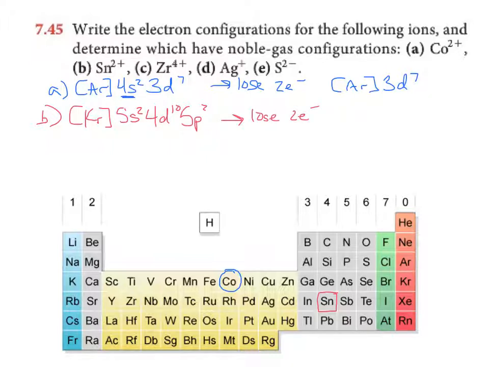Yeah, so it's still going to lose 2 electrons, but where does it have to lose them from this time? Why is it going to lose them from the p? What's different about this? How is this different from the first one? So if you're comparing 5s and 5p, how do you know that the 5p is higher energy?